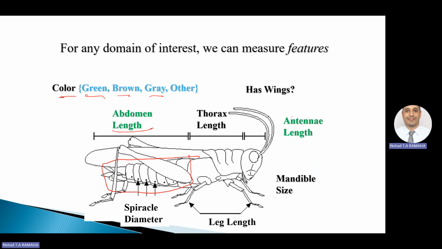All these features, the antenna lengths, we will focus on antenna lengths and abdomen lengths. Of course, we have many other features like leg lengths, leg counts, and so on.